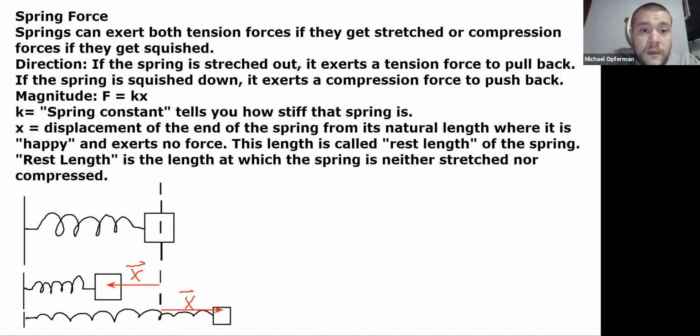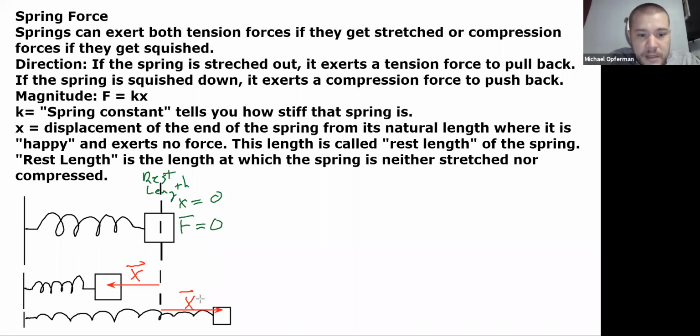So let's put in the force vector in these pictures. Let's say I do it in, how about green? Okay, in the first picture here, this would have F equal to 0 because this dashed line represents the rest length. So if it's at the rest length, x equals 0 and F equals 0.